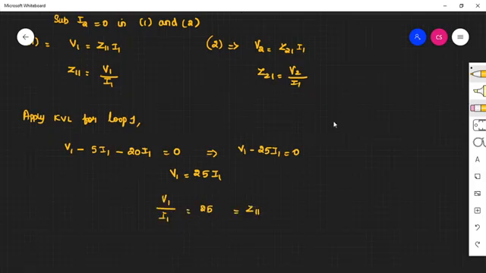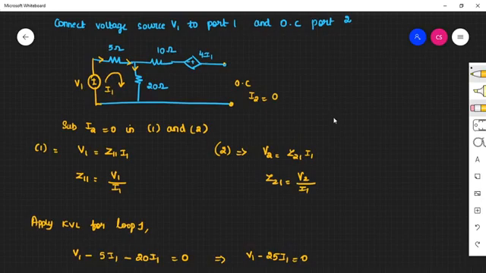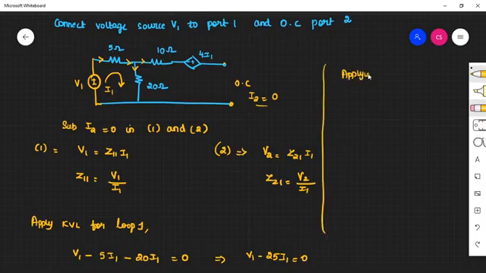Now in the above circuit, let us apply KVL for the second loop that is present here. In loop 2, anyway there is no current, so the current that will be flowing will only be the current I1. So applying KVL to loop 2, we will be getting the equation as, here it is open circuit.